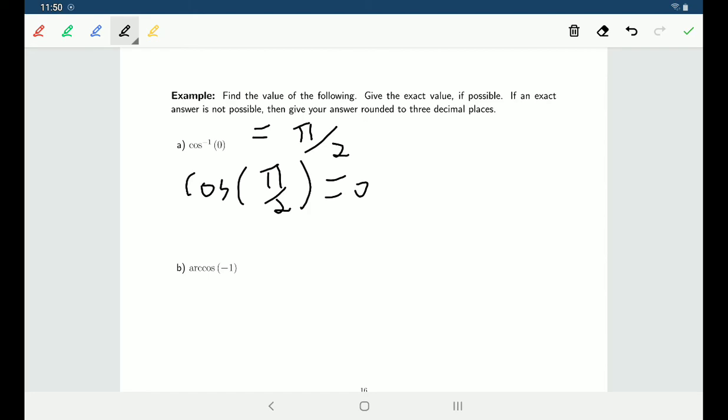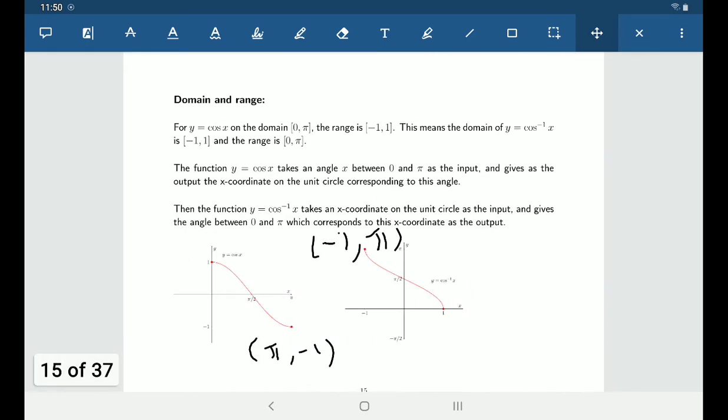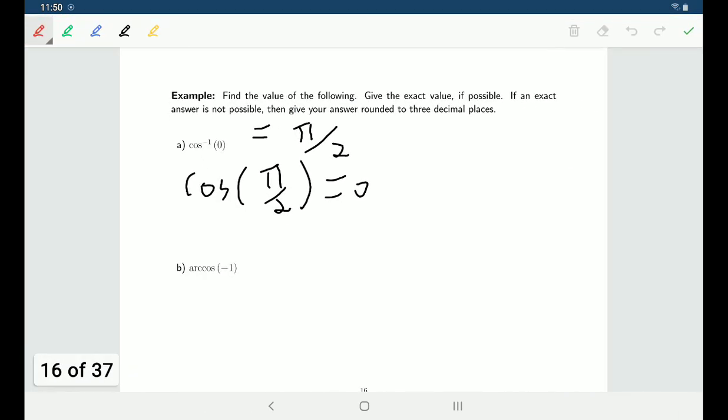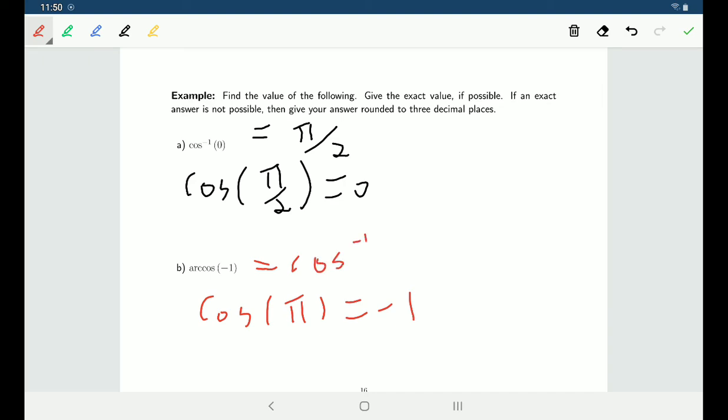Next one, cosine inverse of -1. Thinking back again to the graph, for -1, that's exactly the point that I have labeled. When the angle is pi, cosine has the output of -1, or in other words, cosine of pi is -1. So arc cosine of -1, which is of course the same thing as cosine inverse of -1, should be pi.